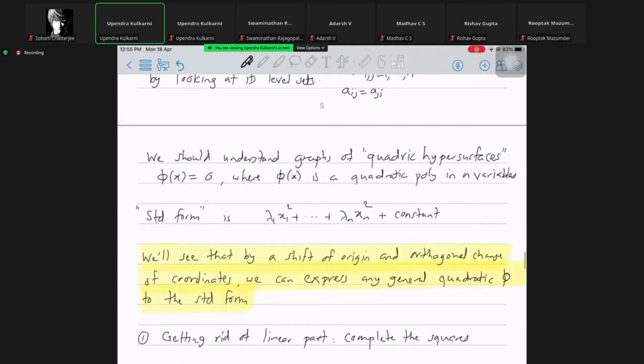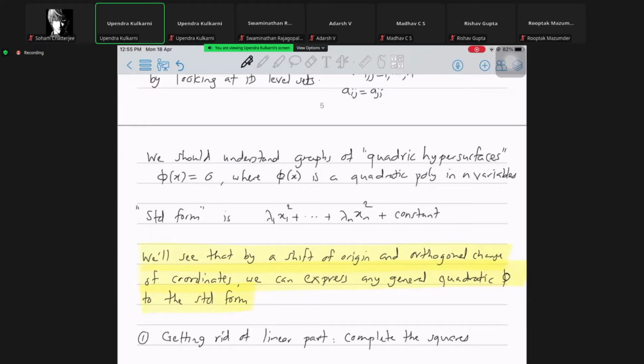If all the lambdas are positive, then this clearly corresponds to the positive definite case, and I am going to have a unique, in fact a global, minimum. That will be the constant added at the end, where all the xi's are 0. Of course, by shifting and an orthogonal change, a general case could very easily reduce to this.